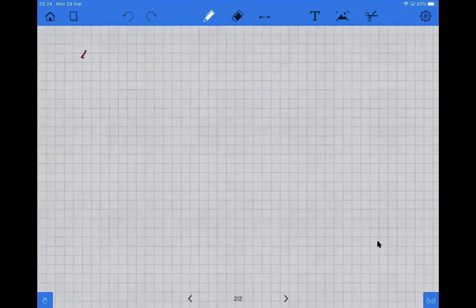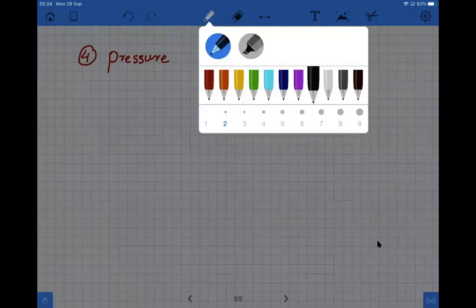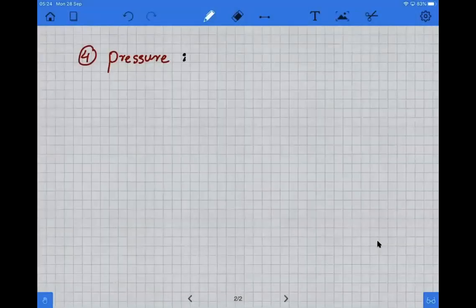Quantity number 4 is pressure. We have to write base units of pressure. Pressure is a scalar, and the unit of pressure is Newton per meter square or Pascal.